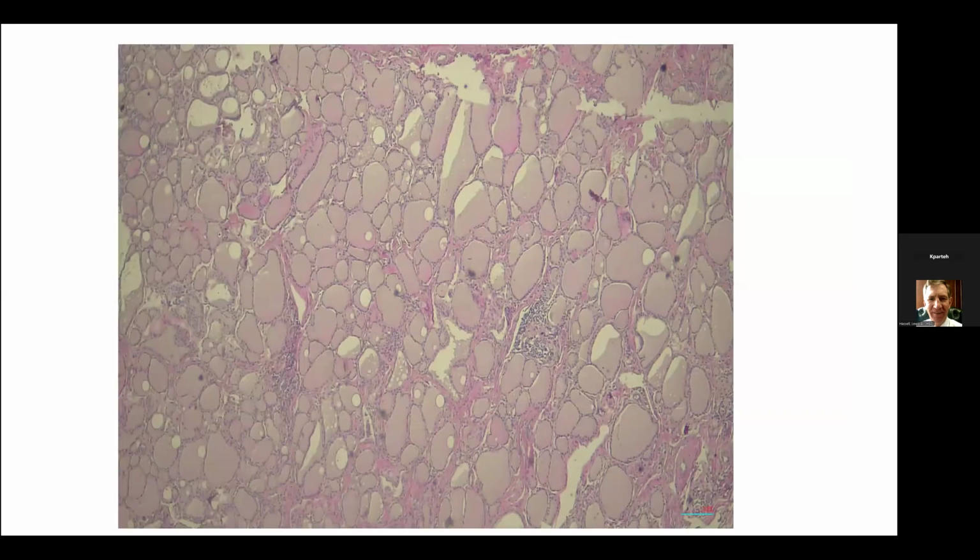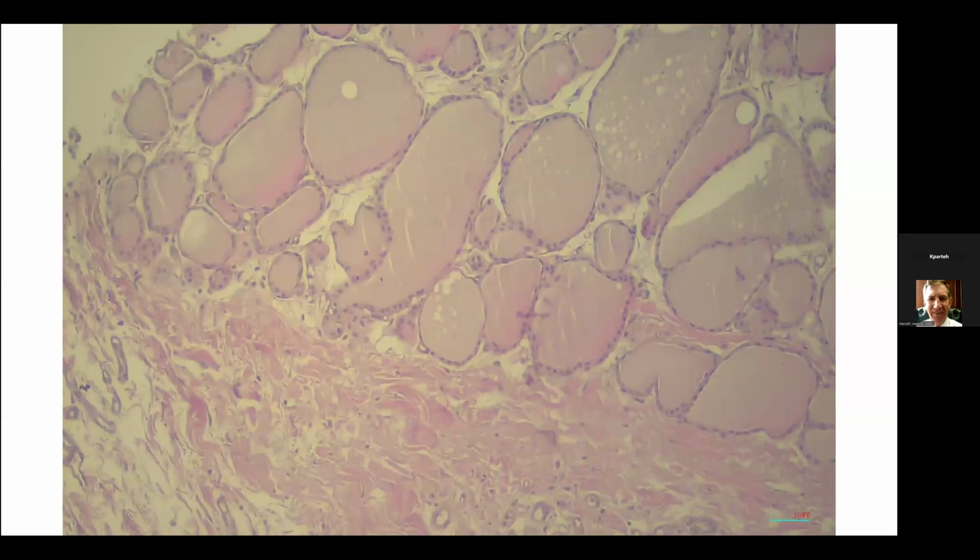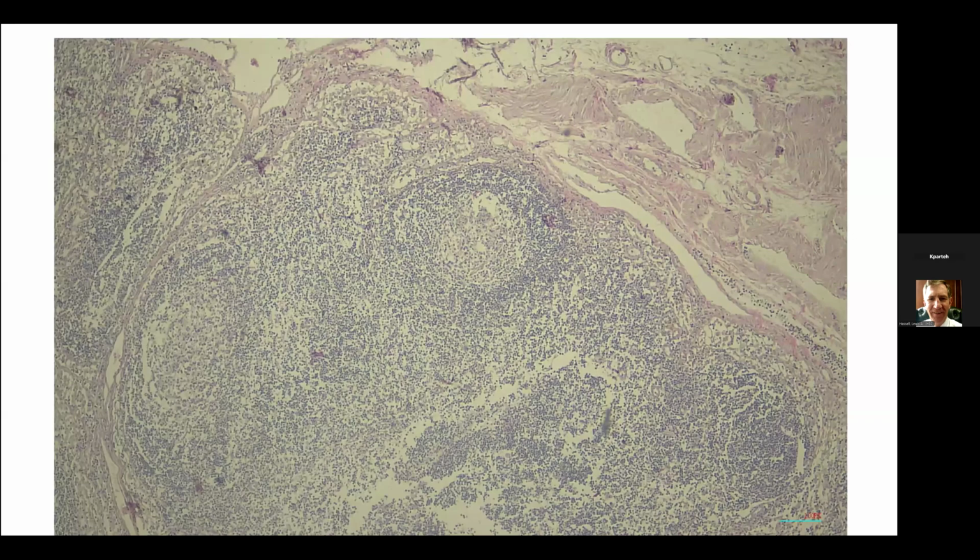And then there were other areas that show follicular cells that look exactly like thyroid. And another part of the same solid area also had these blue cells, some forming follicle-like or secondary follicle structures within the wall. So these were the components present in the solid areas.